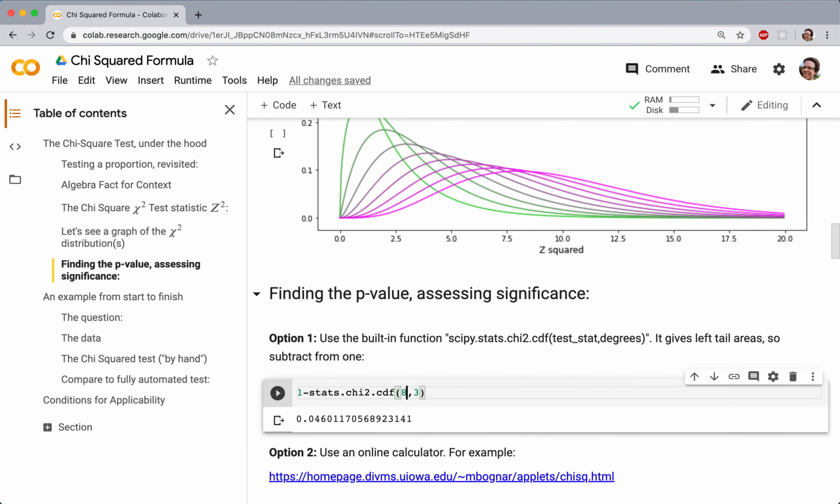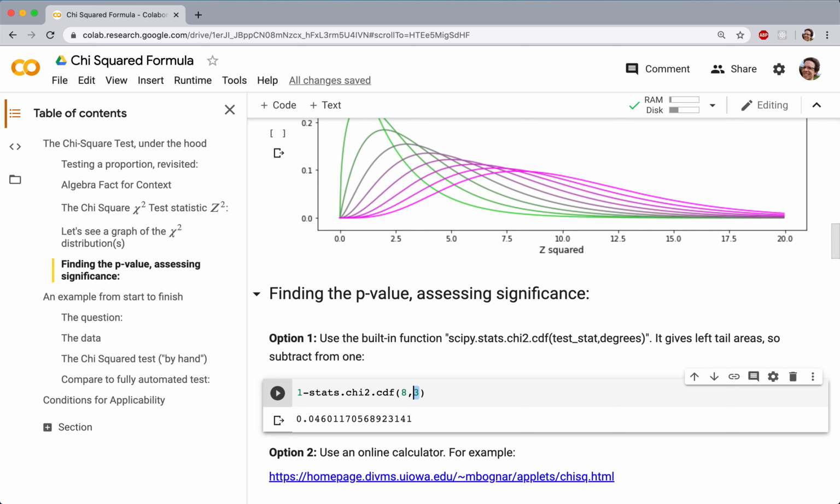So notice that into this function, stats.chi2.cdf, I have to plug in the test statistic, which in this case is the calculated value of z-squared. So whatever you got for that z-squared, it goes in here. But it takes a second argument. What is this? The second argument is the degrees of freedom. So if we have, for example, 4 categories, then we would have 3 degrees of freedom.